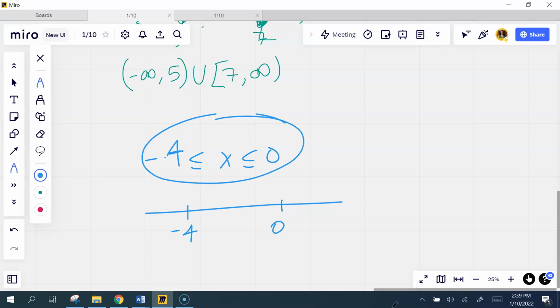X has got to be bigger than -4 while at the same time being smaller than 0, which will be all these values in between, right? And I have closed dots because they're inclusive, and closed dots we know means brackets, and the brackets are going to open towards the numbers that are included. So this, remember, smallest to biggest, this in interval notation would be -4 to 0, and I'm going to close that off that way.